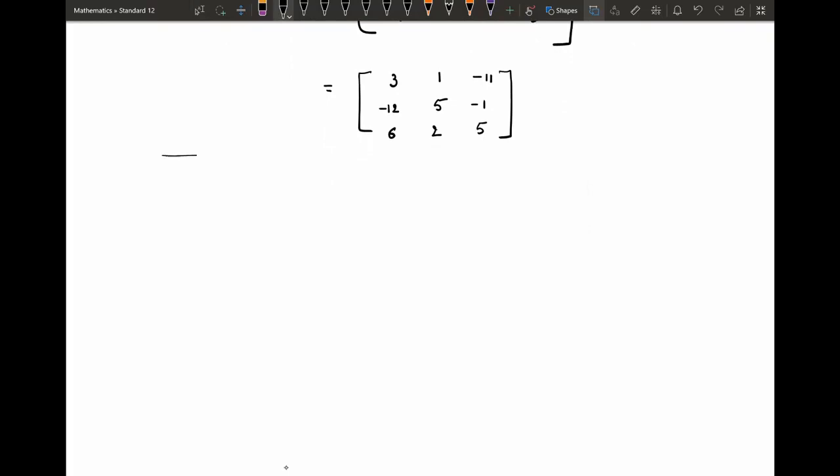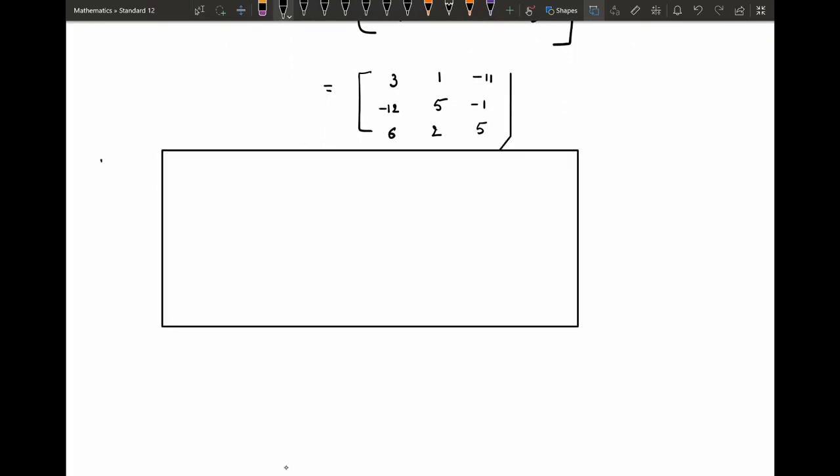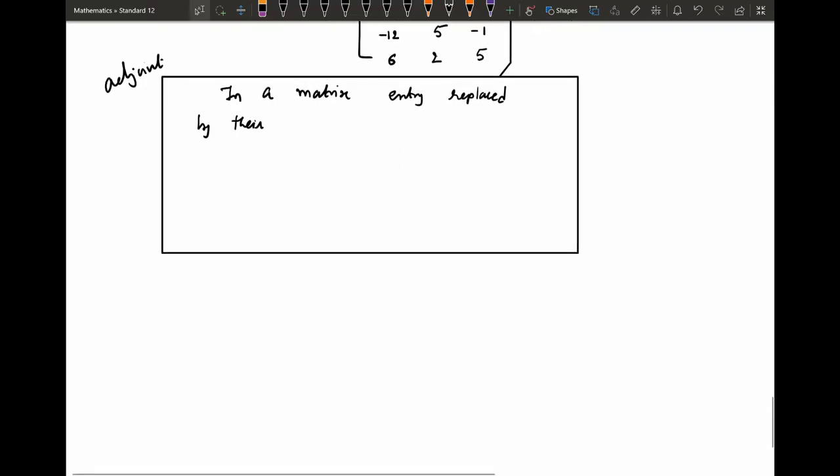So in short, to find the adjoint of a matrix, a shortcut you can remember like this: in a matrix, each entry is replaced by its cofactor, and then take its transpose.